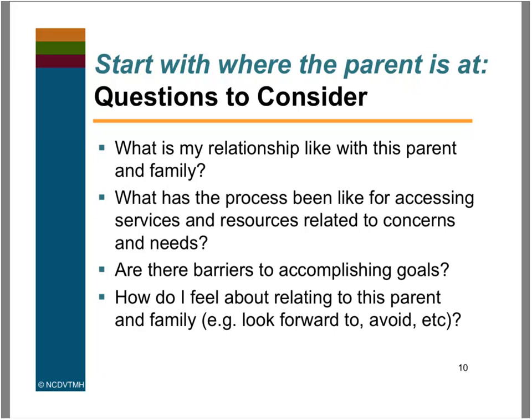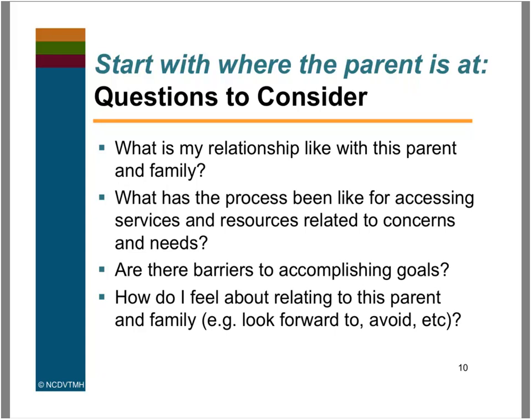So I can think of some examples like arranging for a school evaluation for a child, and then the parent doesn't show up for the appointment at the school, or jumping over lots of hoops to make sure that this family's on the top of the list to get transitional housing as they're leaving shelter, and then the parent doesn't follow through on the application or the meetings.